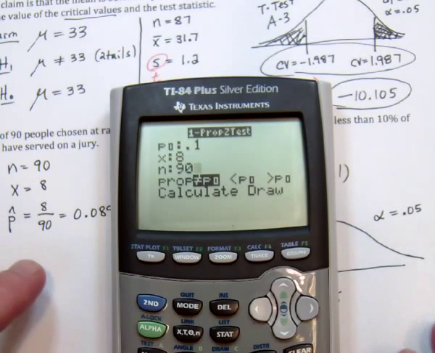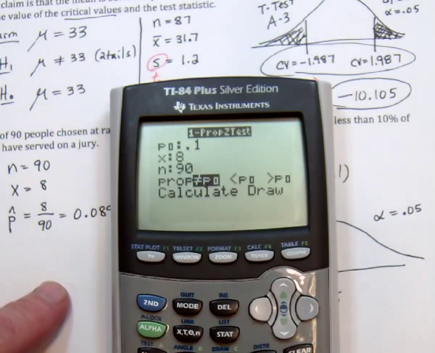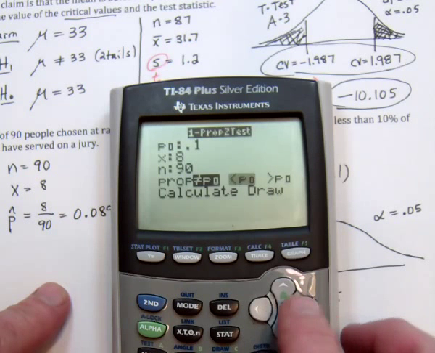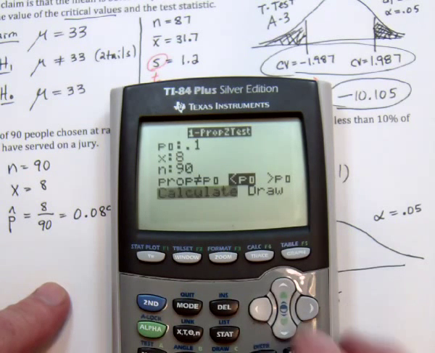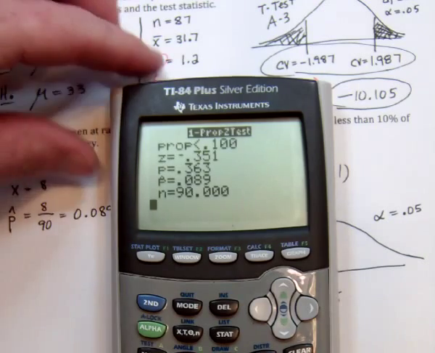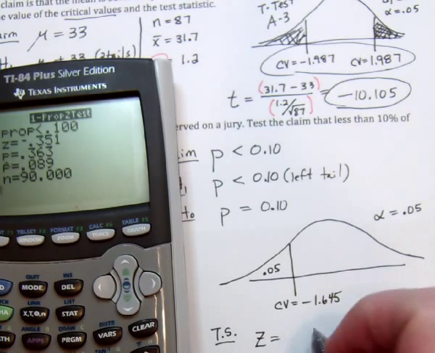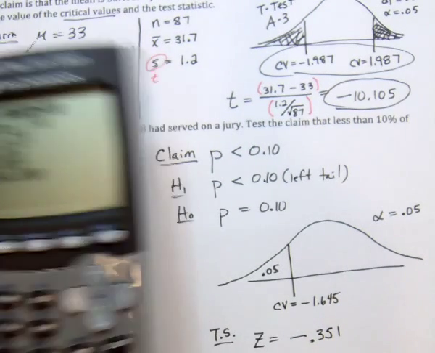So make sure you put it the way they want. X is 8, n is 90. And then this should be pointing to the left. And then calculate, and it turns out that z is negative 0.351.